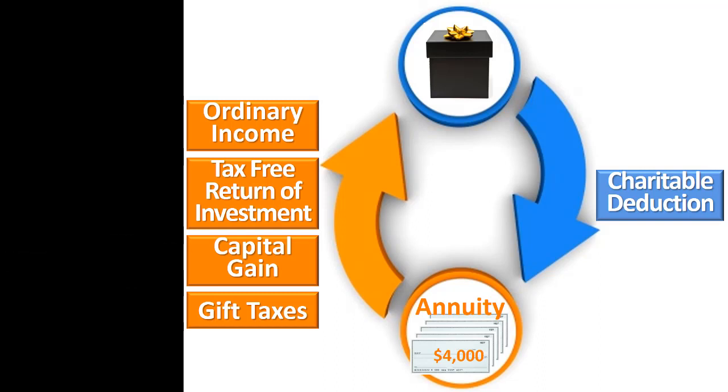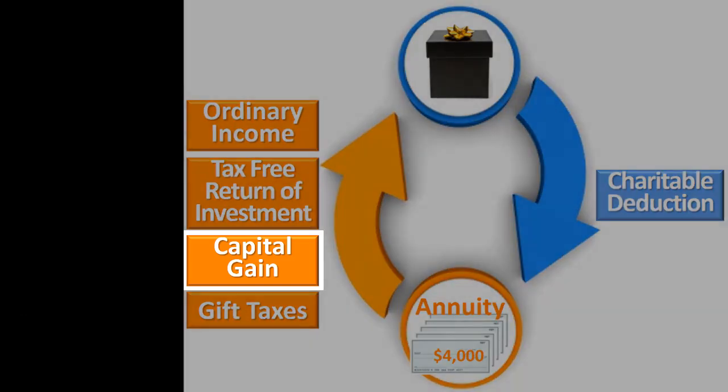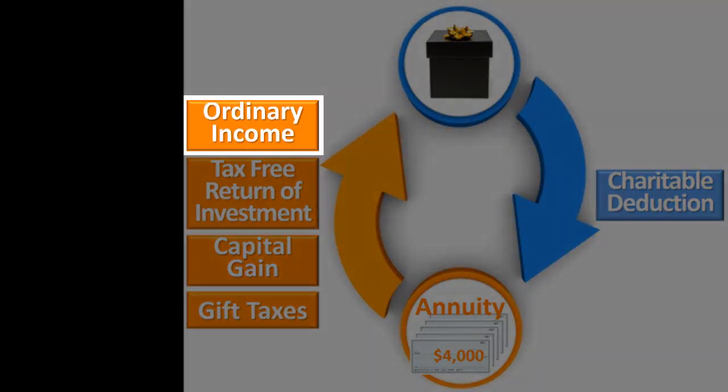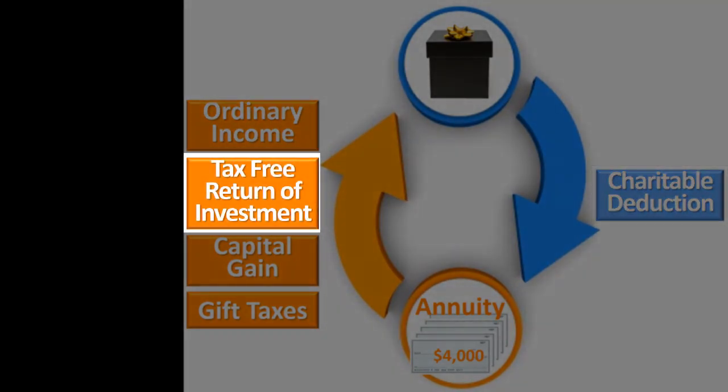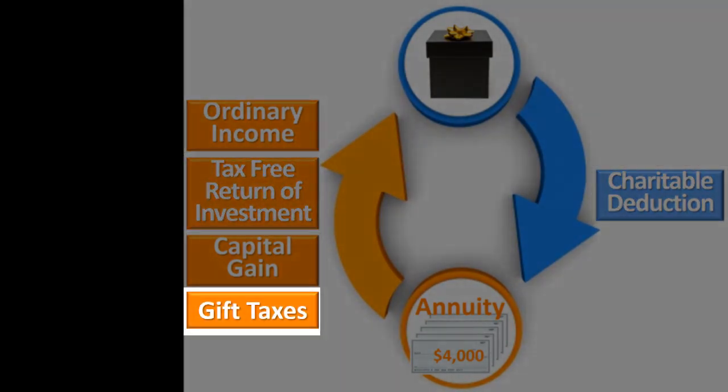Finally, if the donor decides not to take the payments for himself, but instead provides a lifetime income for someone else other than the donor's spouse, then the donor has made a potentially taxable gift to the recipient. Thus, this single gift vehicle can result in capital gain income, ordinary income, an income tax deduction, tax-free return of capital, and a taxable gift.